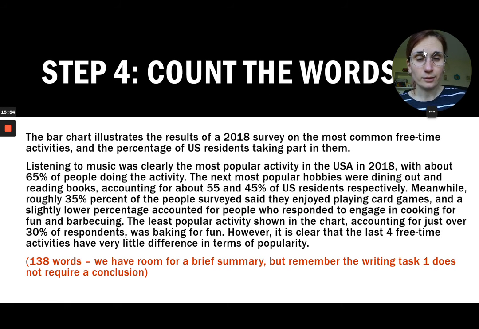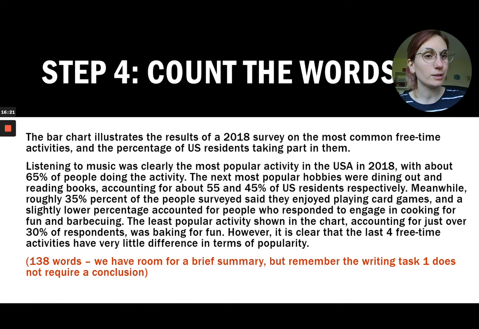All right, so almost the last step. Let's see. I have my introduction here, my body, and I counted 138 words. So we have room for a little bit more. So we could add a brief summary, but remember, writing task 1 does not require a conclusion.